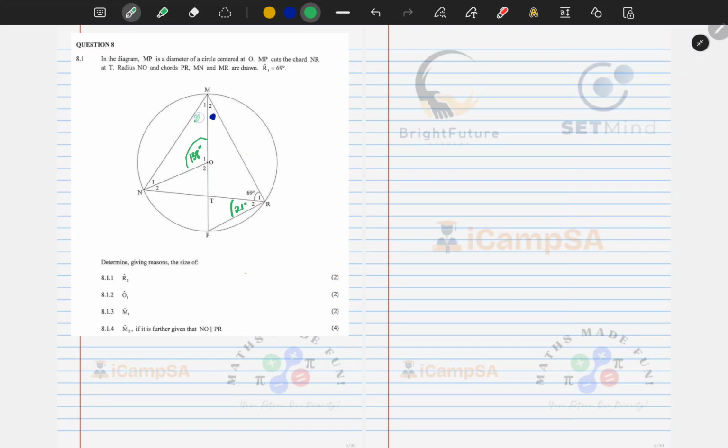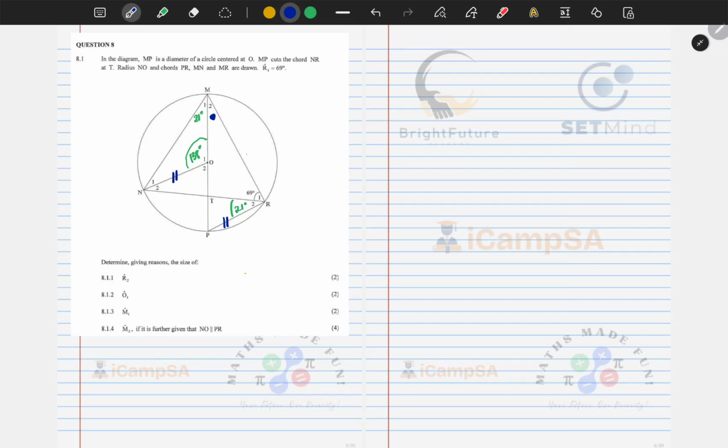Great, perfect. So now we are being asked to find M2. If it is further given that NO is parallel to PR, right? So it means that this line is parallel to this one.